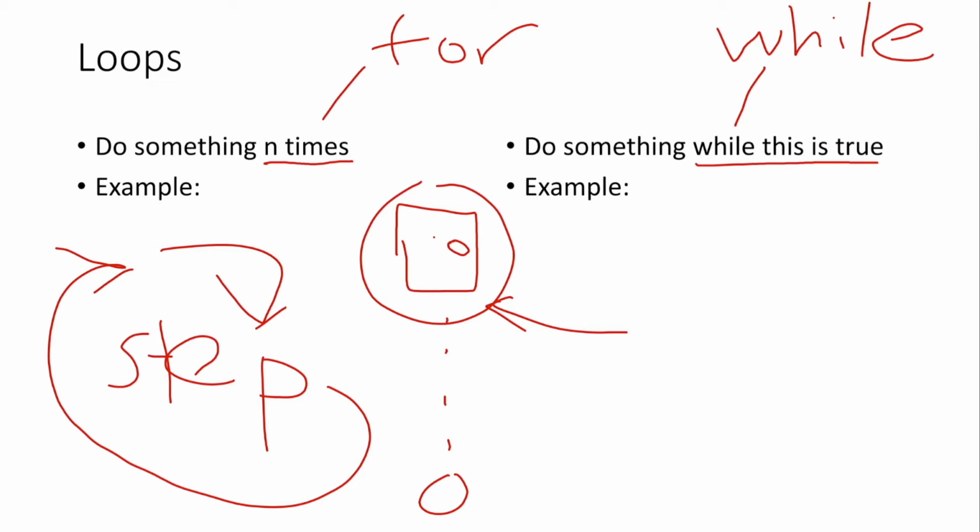These 2 kinds of loops help us be able to write less code while still doing the same thing. For example, in a for loop, instead of writing go 1 step, then 1 step, and 1 step, and 1 step, and write that 5 times, all we could do is put it in a loop and it would be much shorter code.